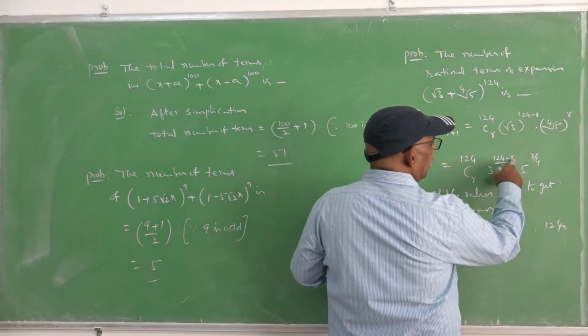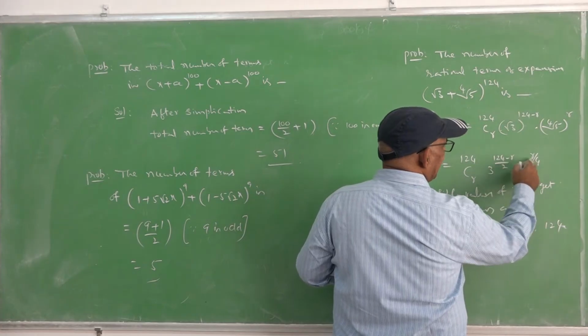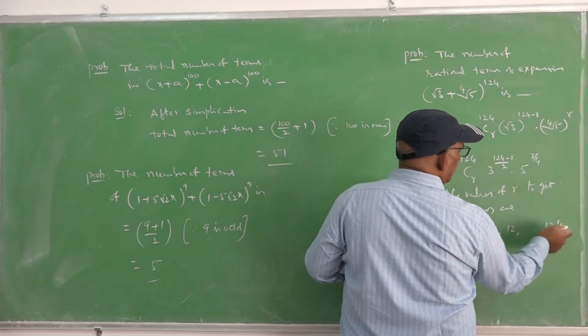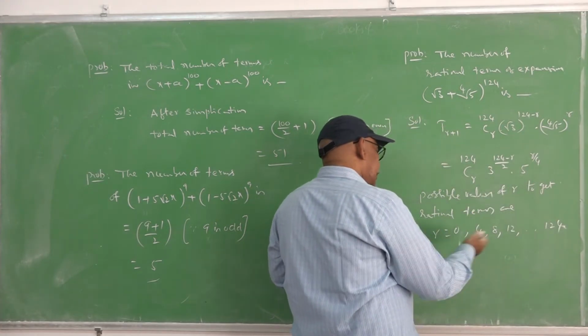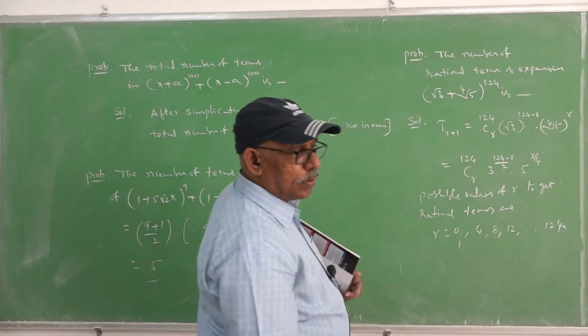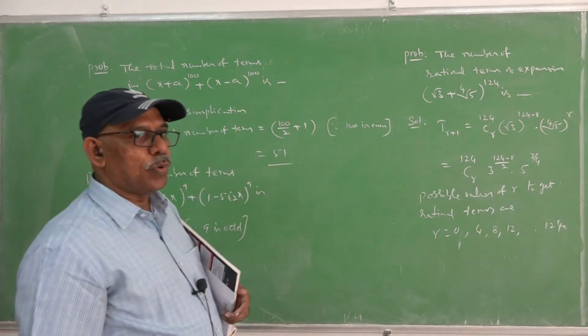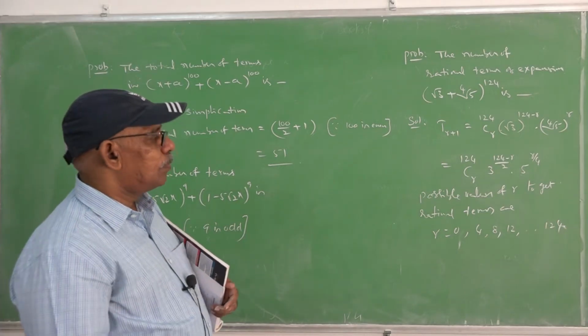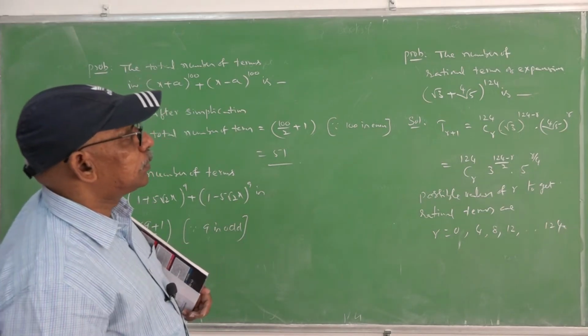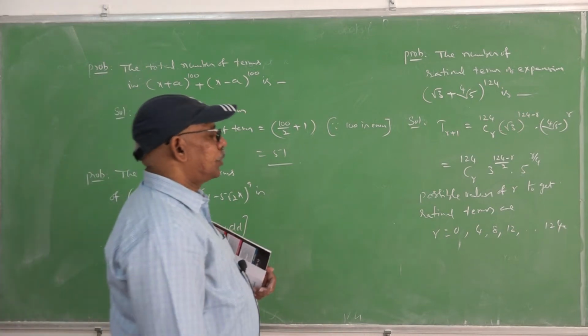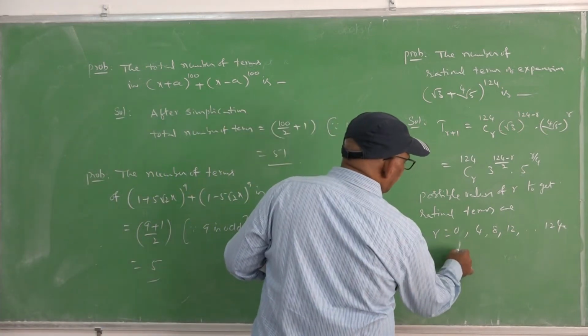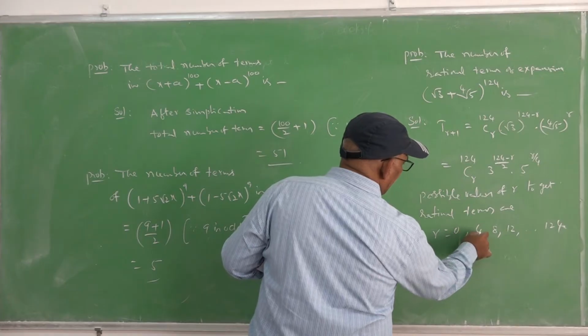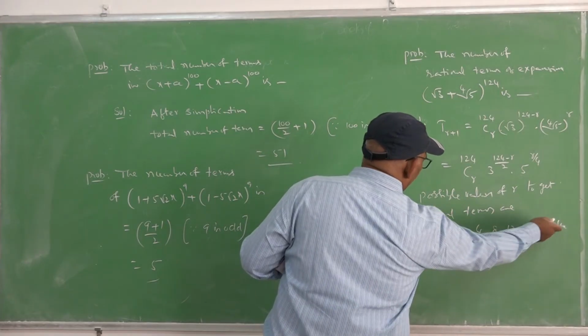Taking 124, we get 31. So for different multiples of 4 from 0 to 124 we get the rational terms: 4 into 0, 4 into 1, 4 into 2, up to 4 into 31.